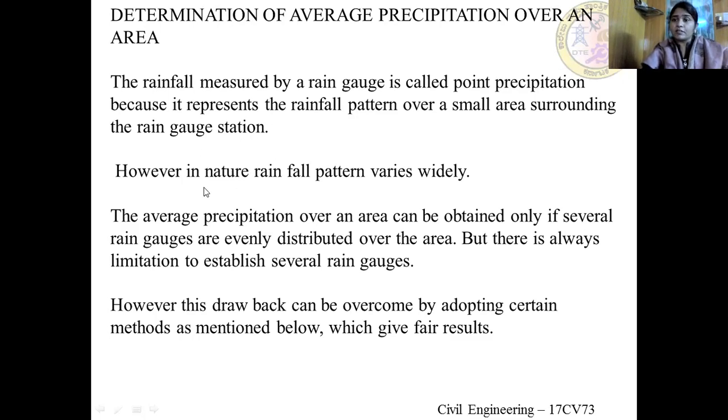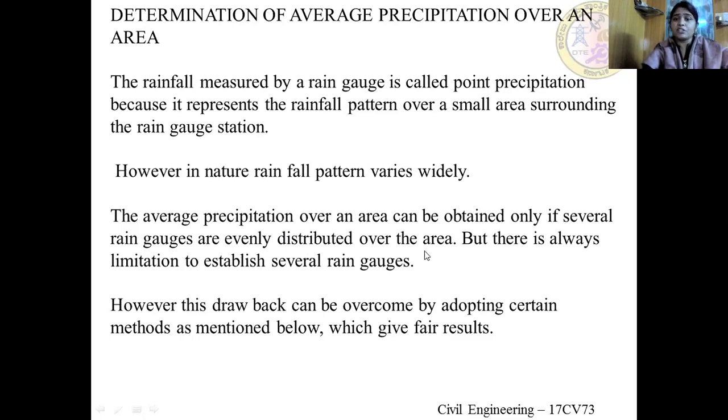But if there is a large area, the point precipitation with a single rain gauge station represents the rainfall pattern only over the small area surrounding that rain gauge station. However, in nature, rainfall pattern varies widely. So if the area is large enough, we will go in for installation of many rain gauge stations. At that time, we need to find out what is the average precipitation in that area.